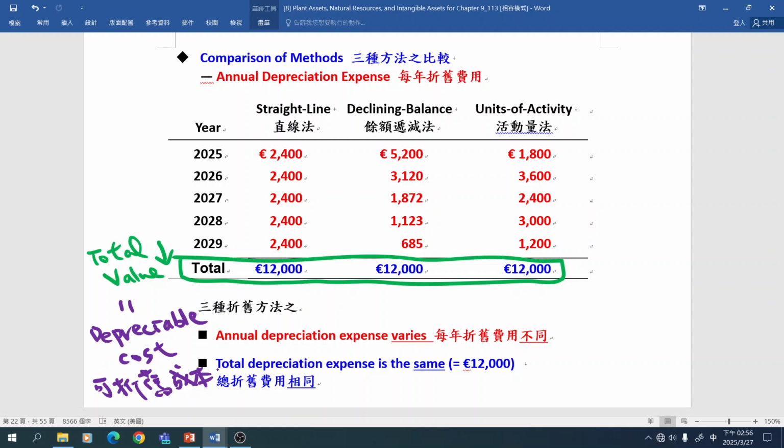Our problem is we try to figure out the number for each year. So using different methods. First method, how to get the number for each year.